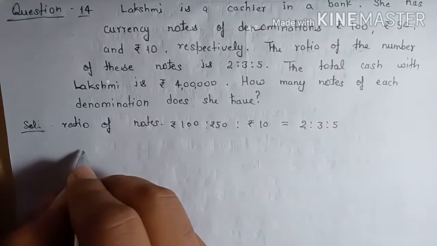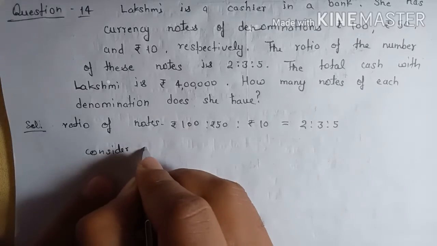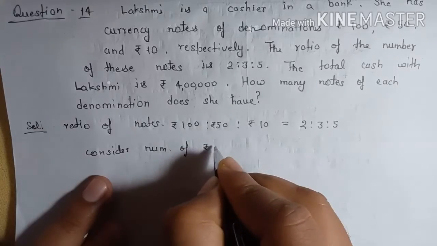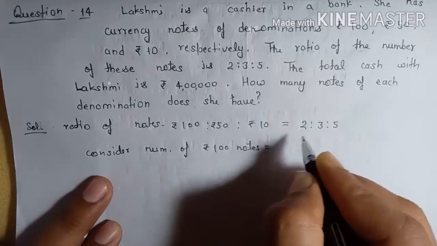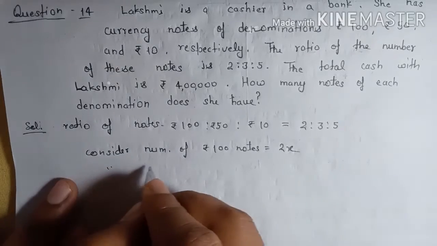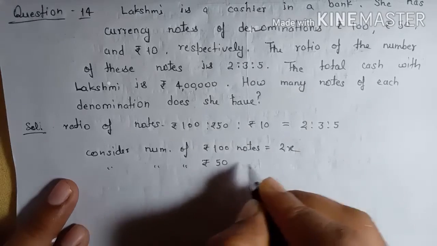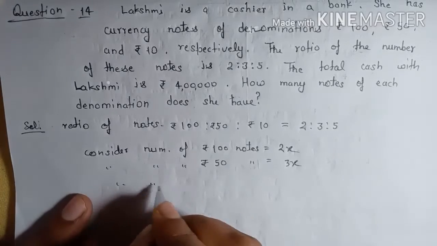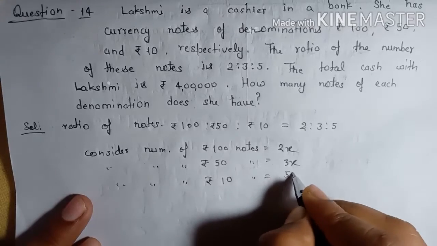So consider number of 100 rupee notes is equal to what? This is 2 first, so 2x. Number of 50 rupee notes is equal to 3x and 10 rupee notes is equal to 5x.